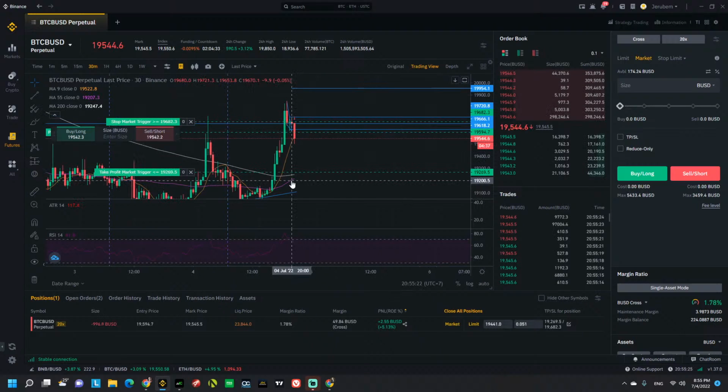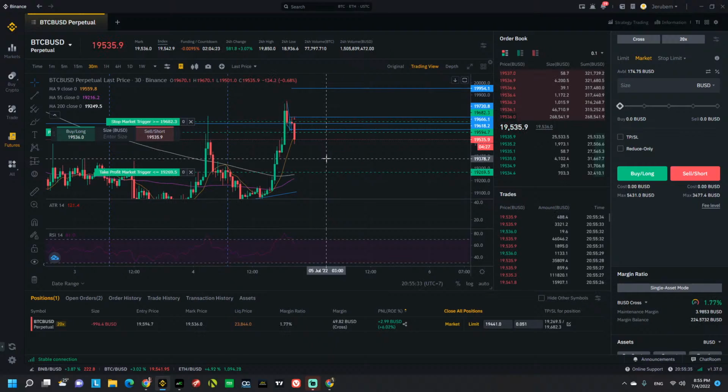So the 55 is here, the 200 is here. It bounced in the 9. Yeah, looks like there's a big chance it will go to the 200 based on this 30-minute chart. But I'm not very sure, so it's all probability.